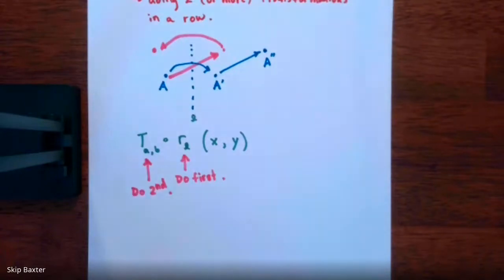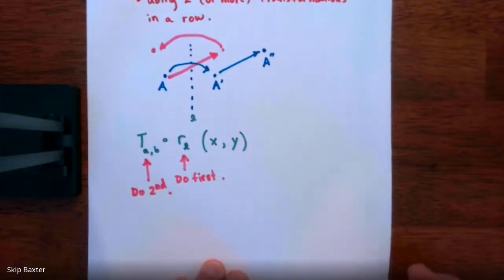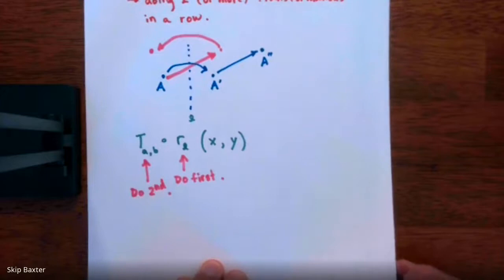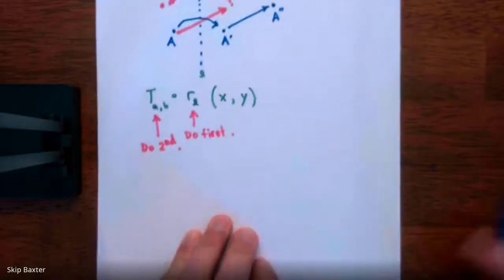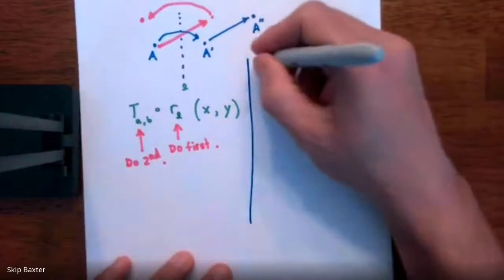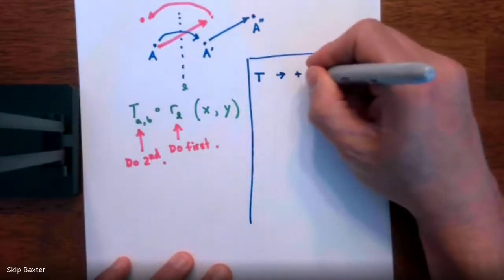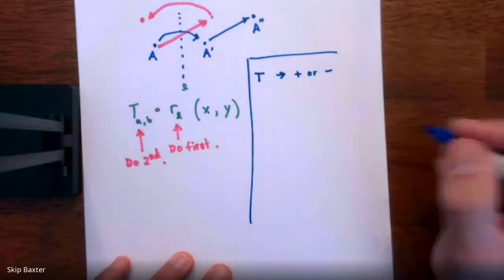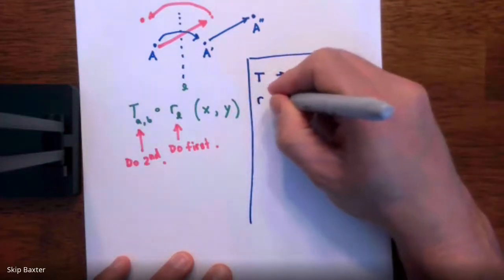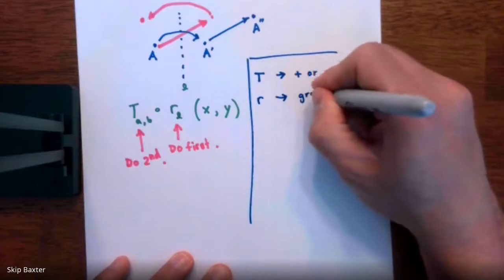Okay, so that's it. The general rules for the transformations don't change. Remember, those rules are: for translation, you're going to add or subtract. For a reflection, you're going to graph it.